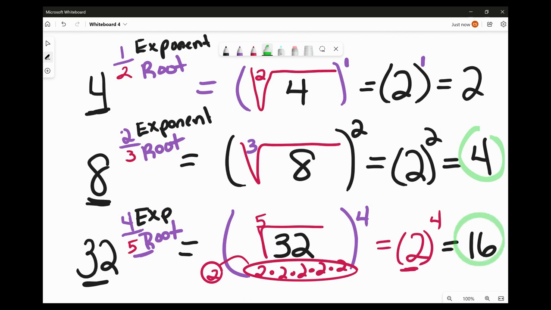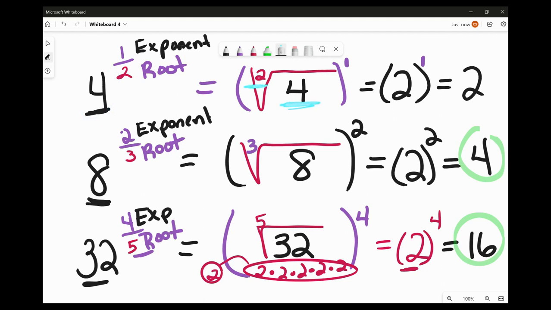So just remember that when you have a rational exponent, the top number is the exponent and it goes outside of the parentheses. The root is in the denominator, and that's what goes inside the radical sign. The big number is your base, and that's the number you're looking to find the root of.